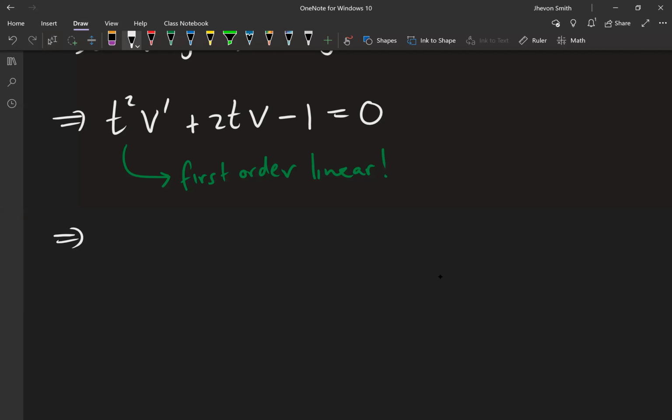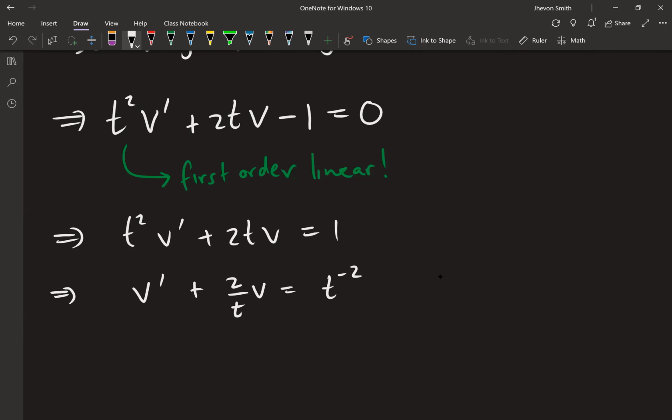Move the 1 to the left. Then divide by t squared, right? You have to remember that you must put it in standard form first. Then your mu is?